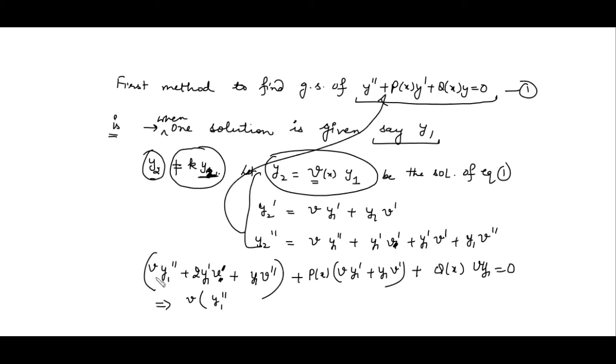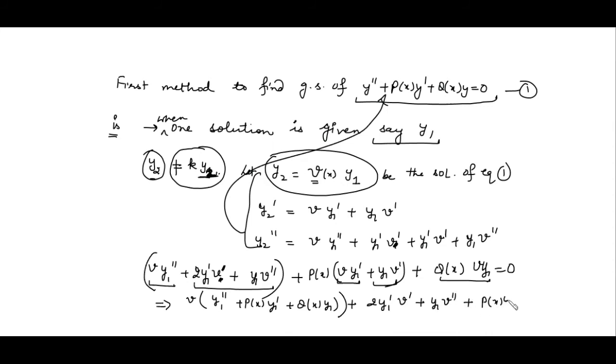Now we can take v common. We get v times (y1 double prime plus p(x) y1 prime plus q(x) y1), plus we can combine these two terms: 2 y1 prime v prime plus y1 v double prime plus p(x) y1 v prime.